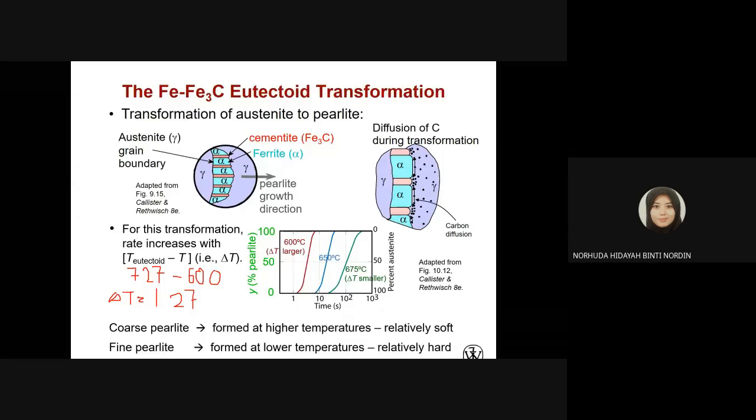Compared to 727 minus 625, which is equal to 102. This delta T is 102, and this delta T is 127. So delta T here is larger compared to here. That is why with this supercooling, the growth is much faster compared to this one. Understand?